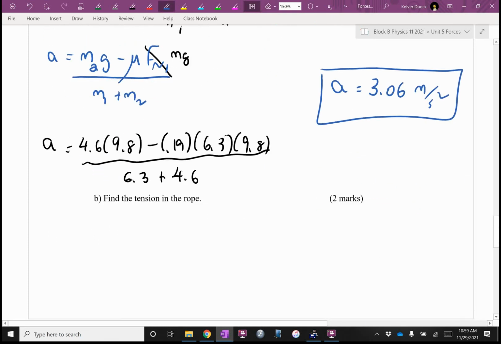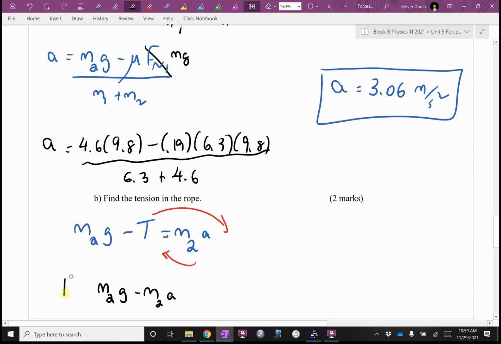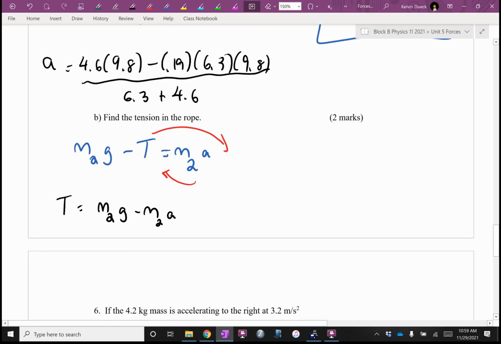So writing an equation for M2, that's going to be M2G minus tension equals M2A. I want to find tension. So M2G minus M2A equals tension. What was M2? 4.6?